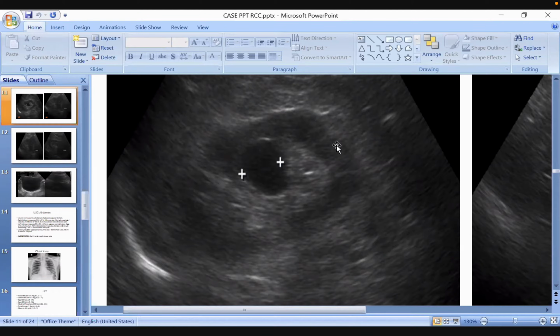No, Priyanko, I want to understand why that opposite wall is hyperechoic. It's a normal finding, let me tell you that. I just want to understand why that opposite wall is hyperechoic.